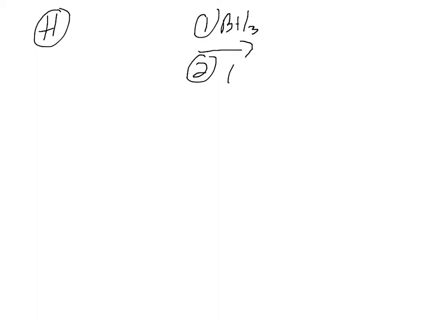Alright, let's work on H. So H again gives us a product first and asks us to try to figure out where that product came from. Alright, so it's BH3. And so let's draw this product out.